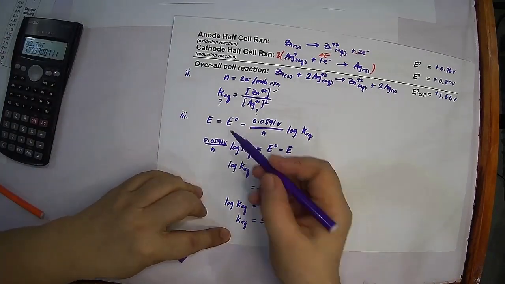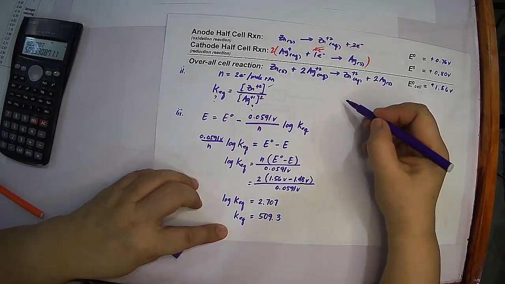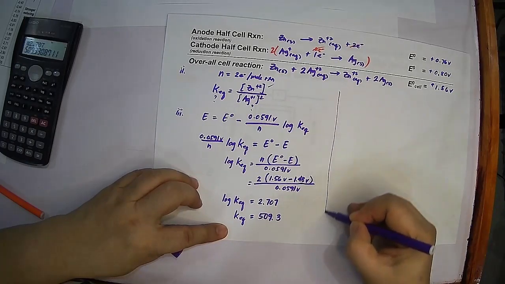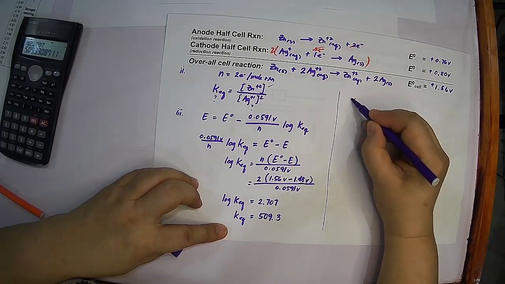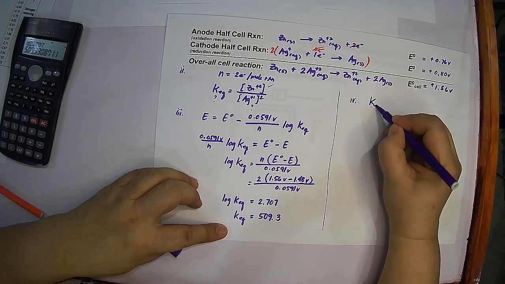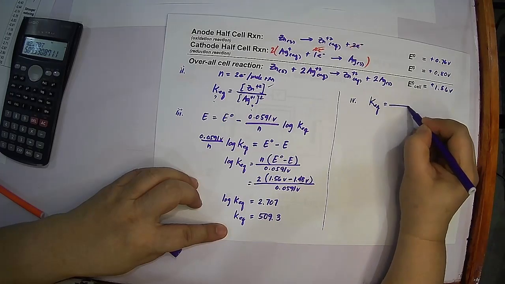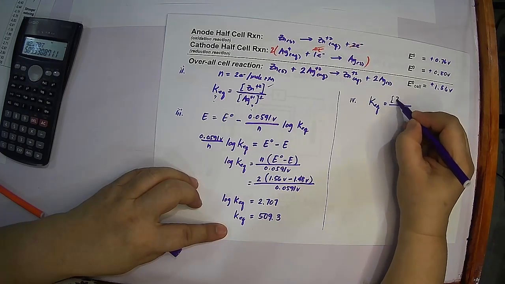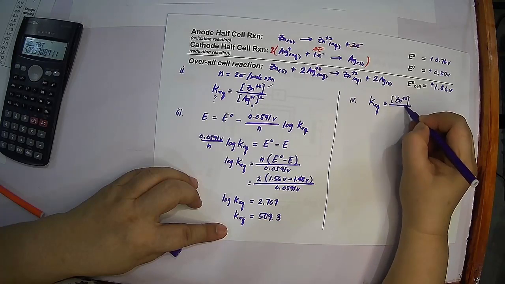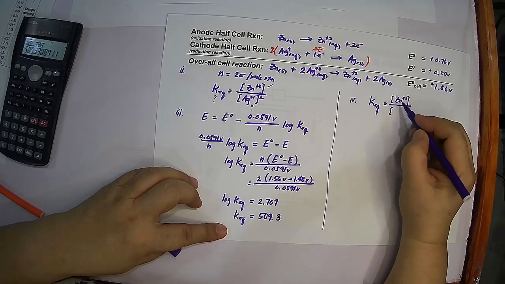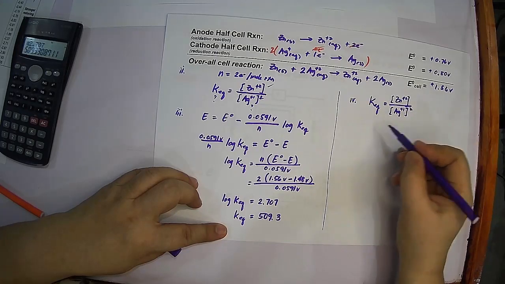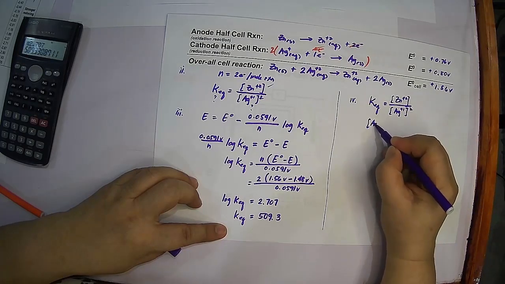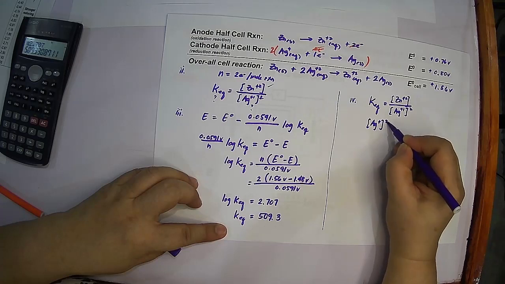So next step, since the Keq is the zinc ion based on the balanced equation again, over the silver ion squared, we can compute the silver ion concentration.